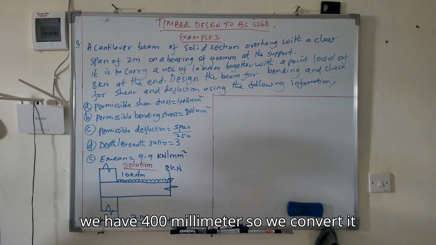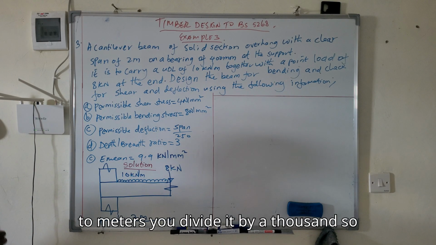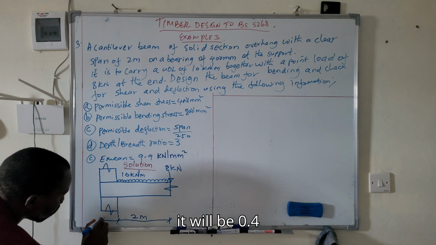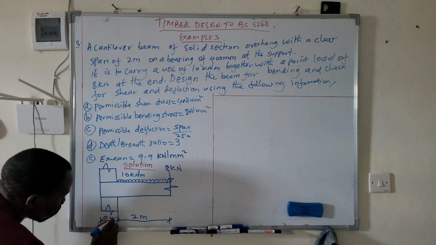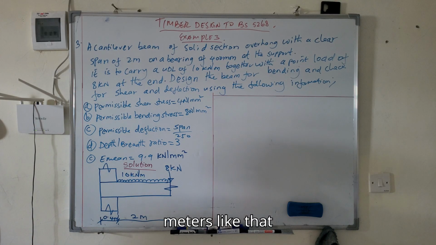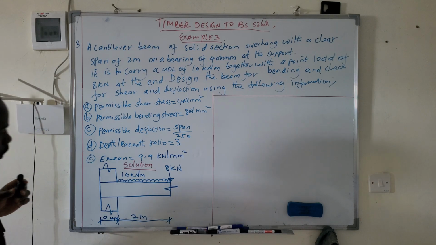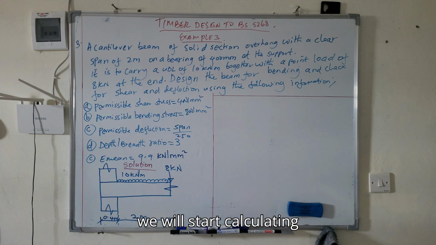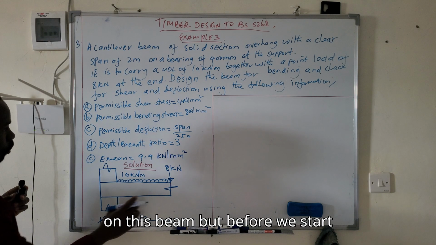We have 400 millimeter, so we convert it to meters. You divide by 1,000, so it will be 0.4 meters, like that.